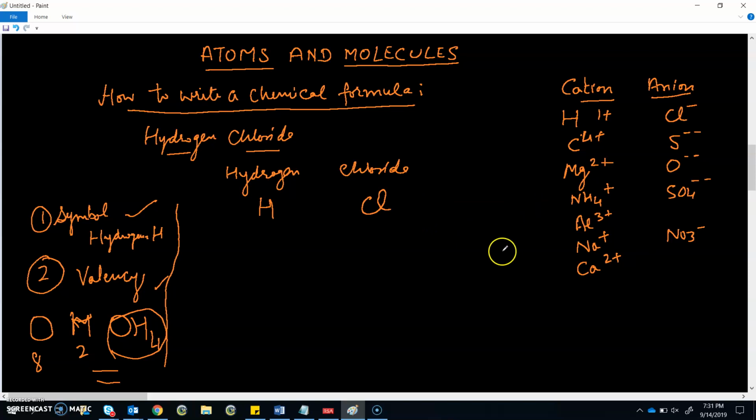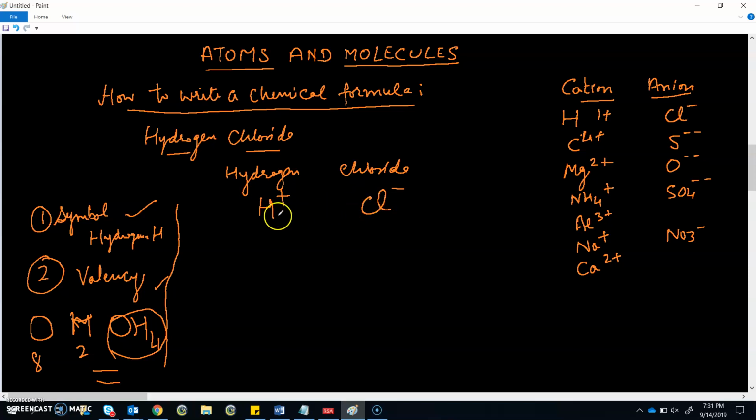These are the common cations and anions which make chemical formulas. So we will write valency here. You can check the list. And chloride is here. If we see, this is plus 1, this is minus 1.